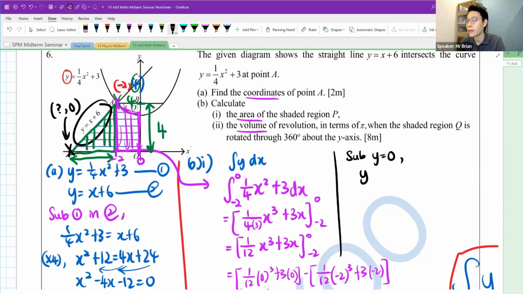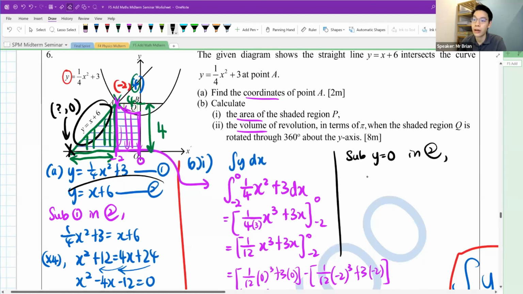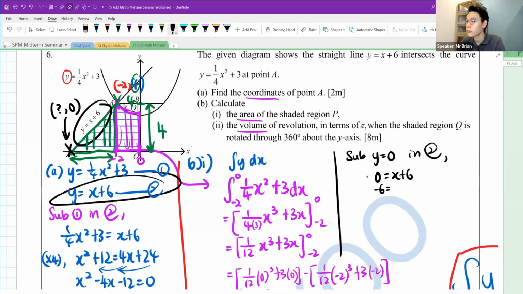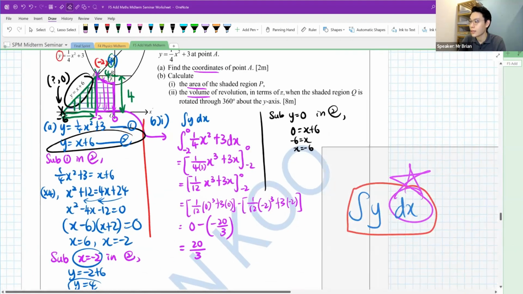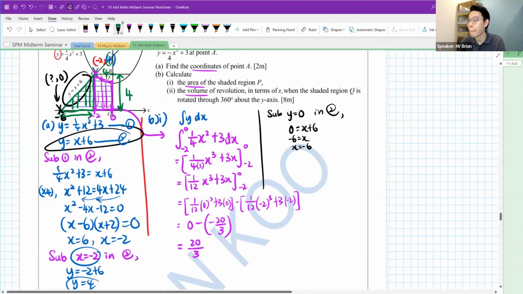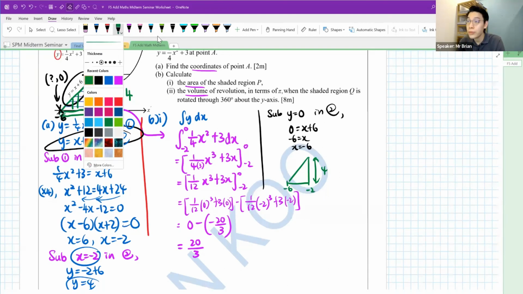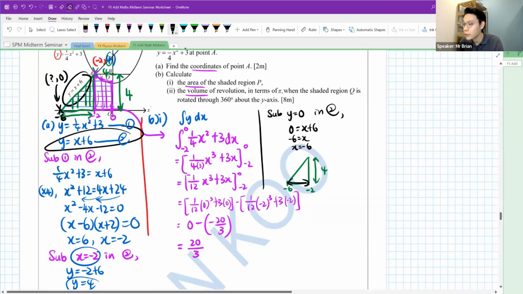Okay, then you get y. I sub it into equation number 2, because I already called it equation number 2 just now. Okay, so here is -6. We can find out the green color area. Here is a 4. Here's -6 until -2. That means here also will become a 4, you see.